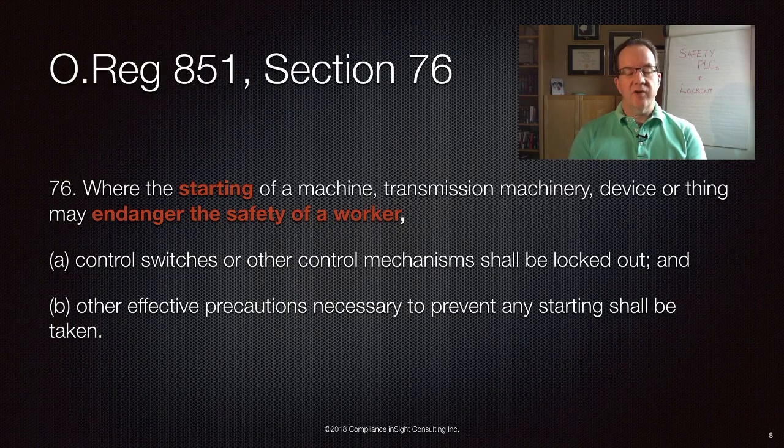The machine can start, but there's no hazard associated with it starting, which is probably pretty unlikely, but let's cover it, then there's probably not a reason to go to lockout. So it's that endangering a person and the startup of the machine, and this is really talking about unexpected startup of the machine. These are the circumstances where lockout is required.